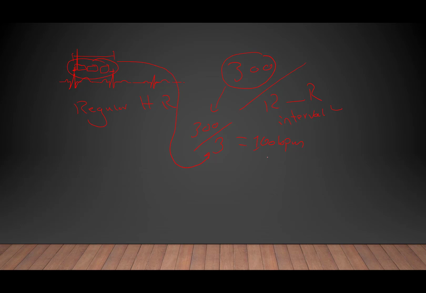If a heart rhythm is irregular, it is calculated by counting the number of complexes on the rhythm strip, then multiplying the number of complexes by 6. For example, if you have an ECG which is irregular, like that, we count the number of complexes.